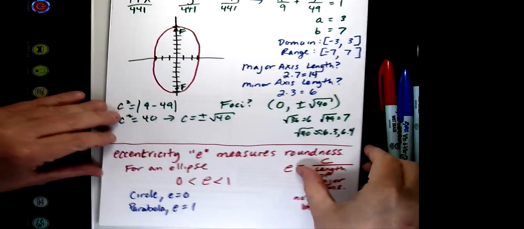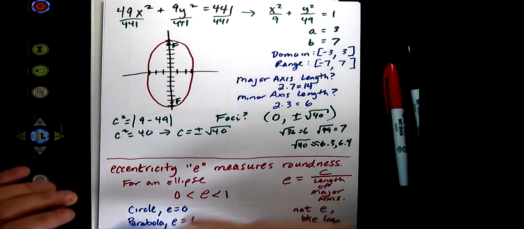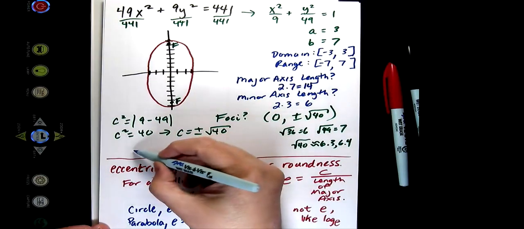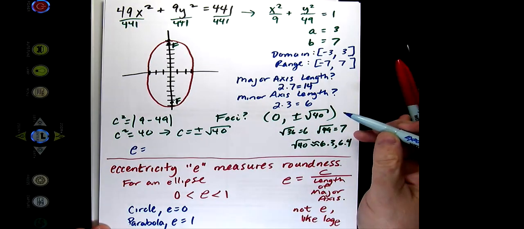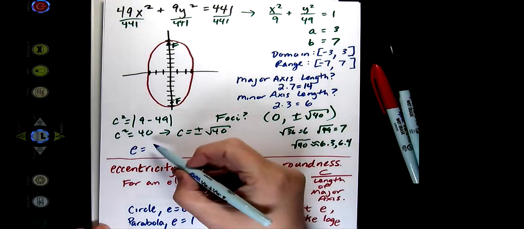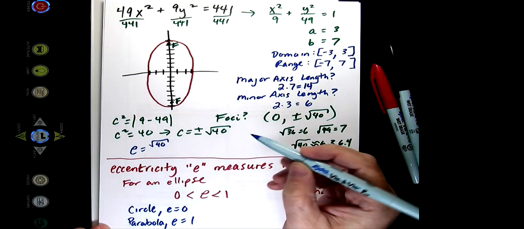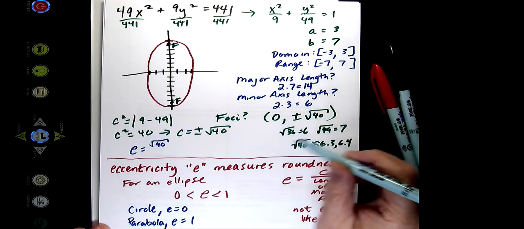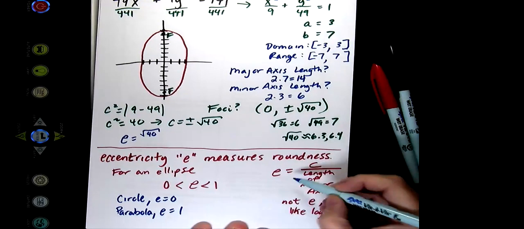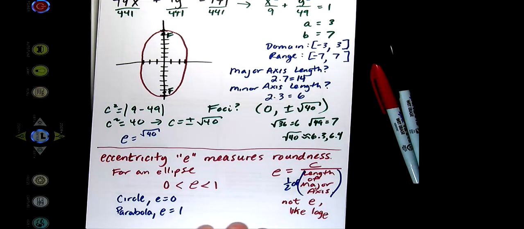All right, so let's figure out what E is for the last one. I did say length of major axis. Half of the length of the major axis. My bad.